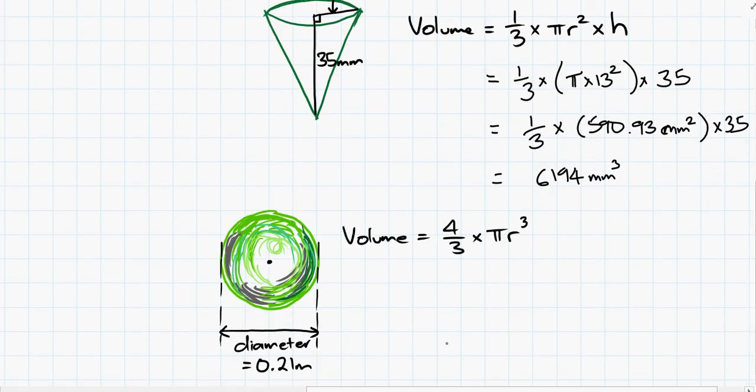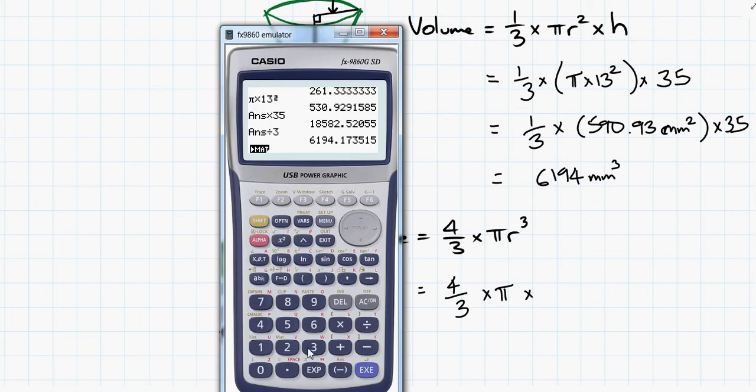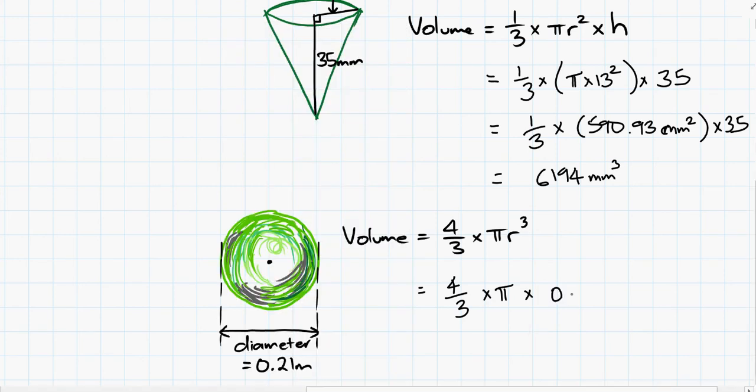Last one is a sphere. So this one's a little bit trickier. We have 4/3 times pi times, now the diameter is 0.21. So the radius is going to be half of that. 0.21 divided by 2 gives me 0.105, cubed.